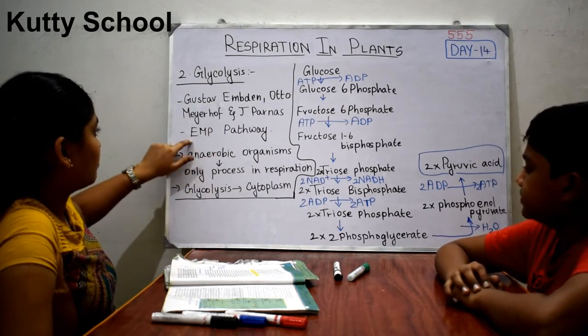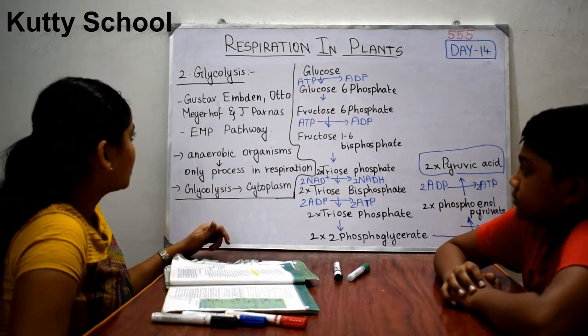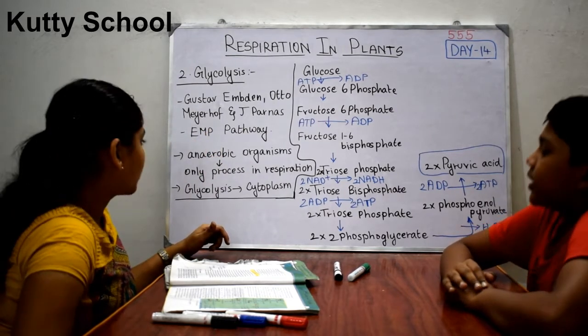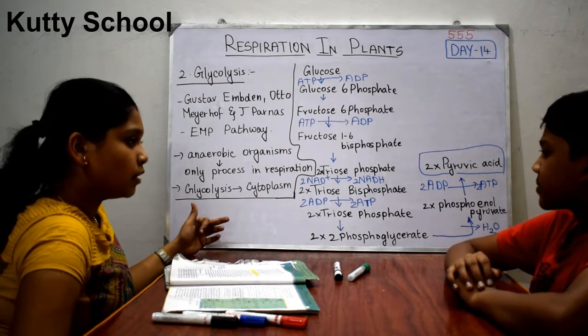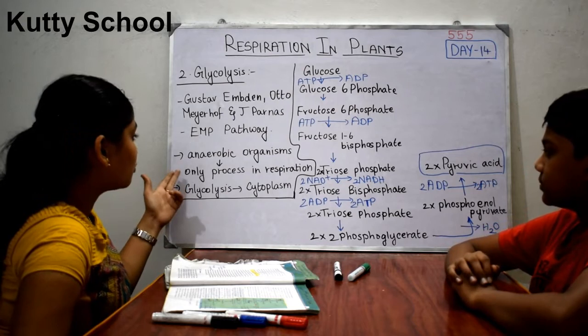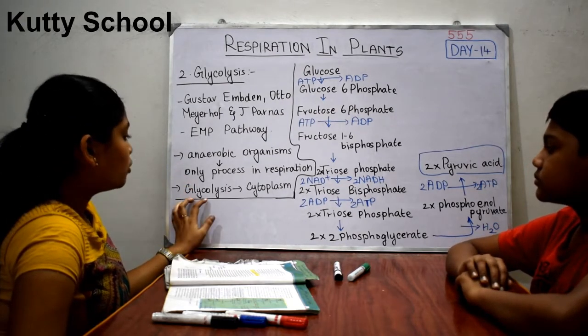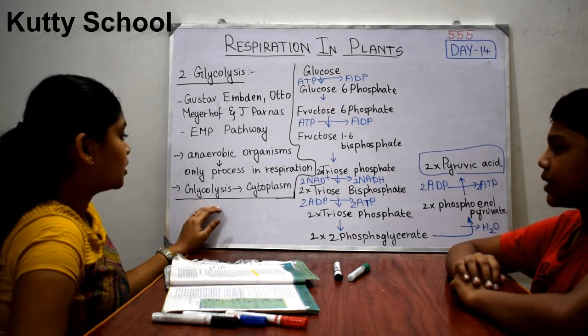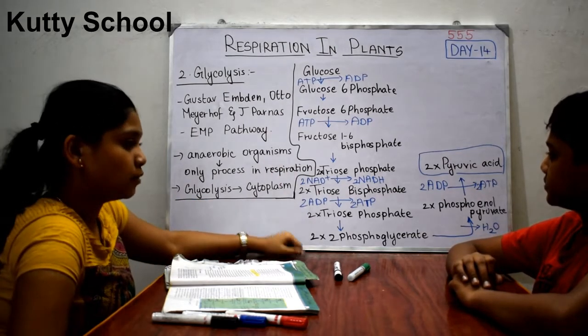It occurs in both aerobic and anaerobic organisms. In anaerobic organisms, this is the only process in respiration. Glycolysis generally occurs in the cytoplasm of the cell. So we will see what glycolysis is here.